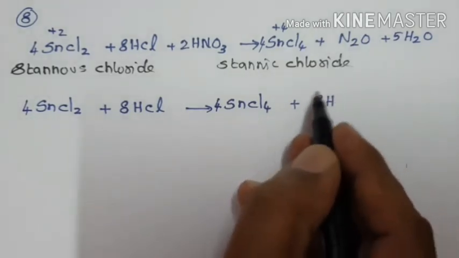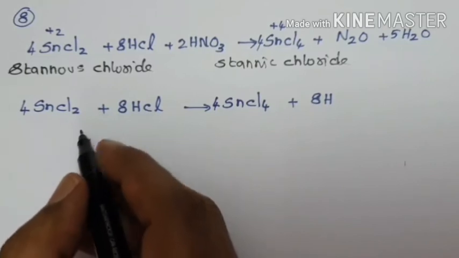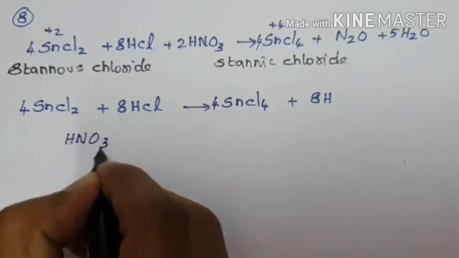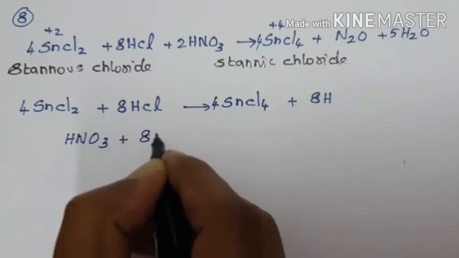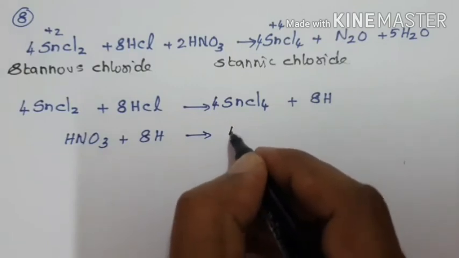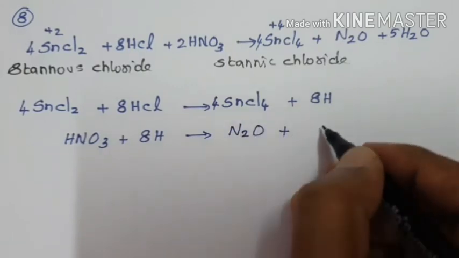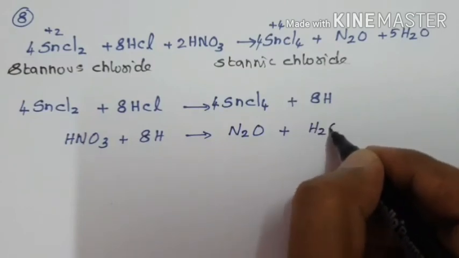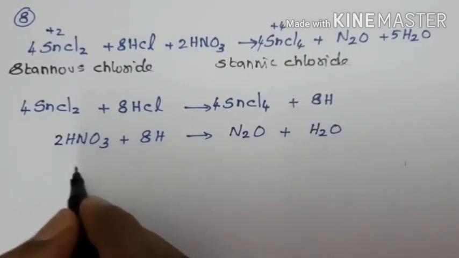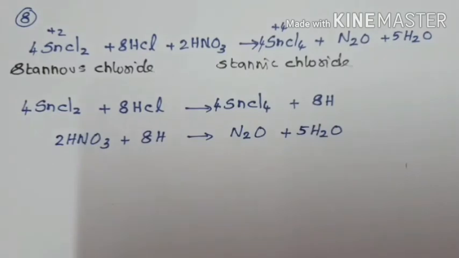In the second step, we know this nascent hydrogen is used in the reduction of nitric acid. HNO3, when reduced by 8 nascent hydrogen, gives the same product as in the zinc nitric acid reaction, nitrous oxide plus H2O. 2 nitrogen, 10 hydrogen, 5 into 2 are 10 hydrogen.